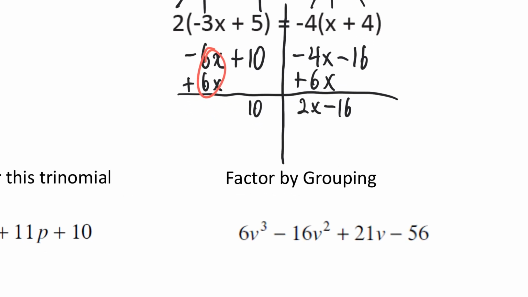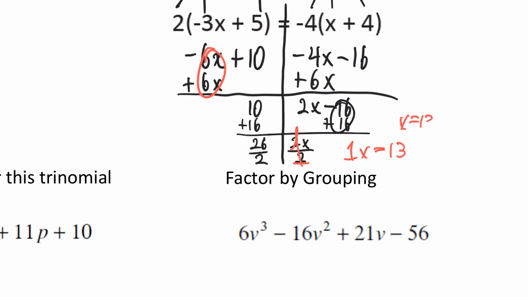Then what? Add 16 to both sides. So that zeroes out. That leaves 26 over here equals 2x. Then what? Divided by 2. So that these turn into a 1. So we get 1x equals 13. X equals 13.